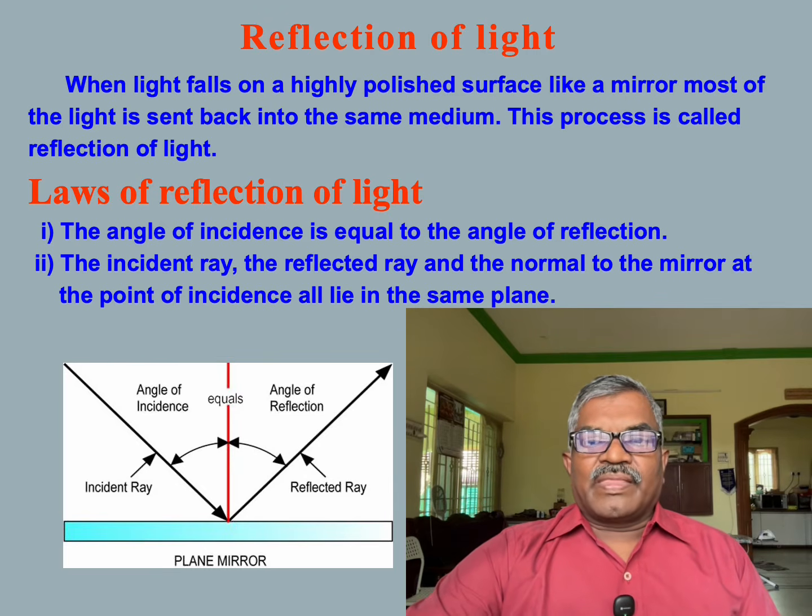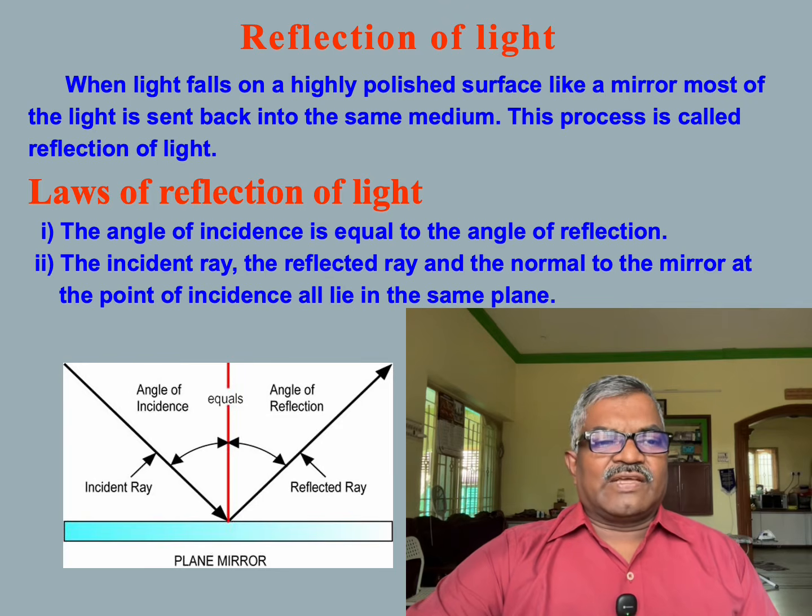The diagram explains the laws of reflection of light. There are two laws. One is that the angle of incidence is equal to the angle of reflection. What is angle of incidence? The angle between the normal and the incident ray. And what is normal here?